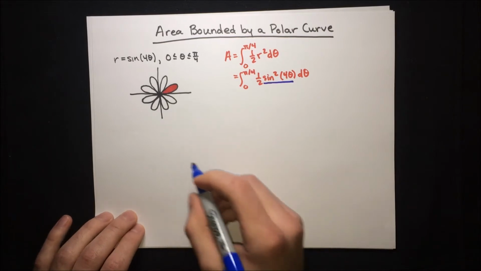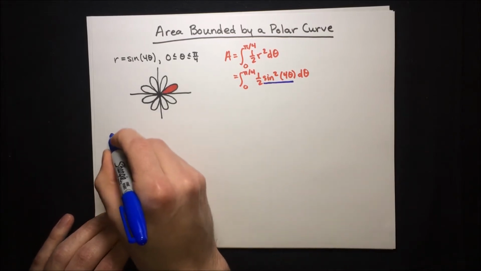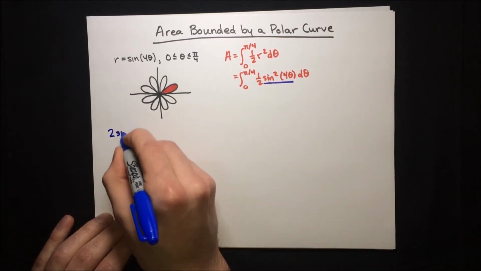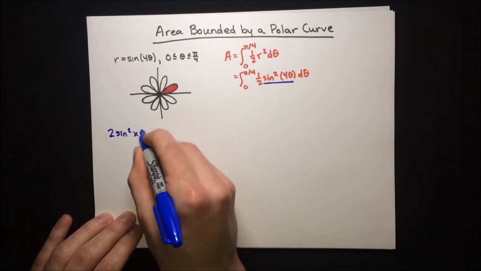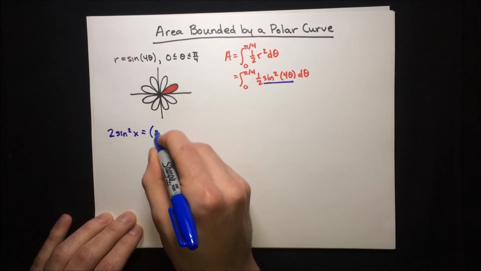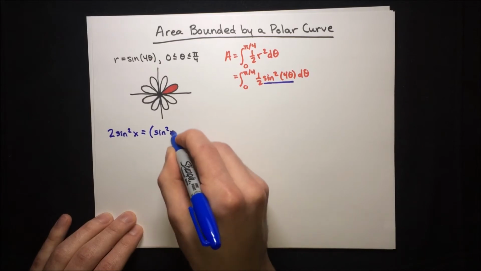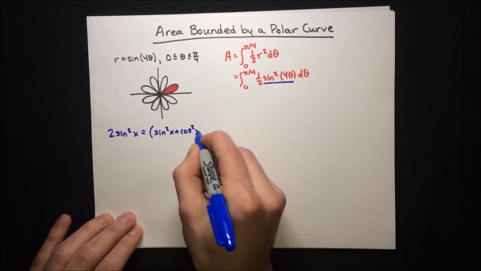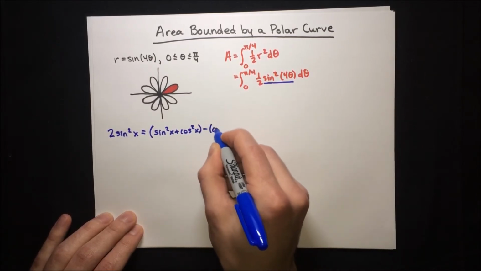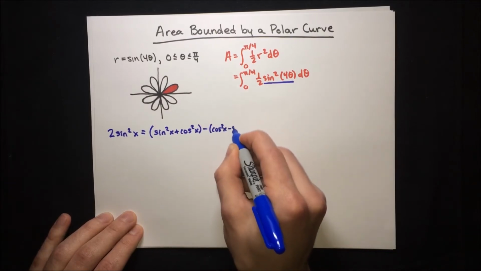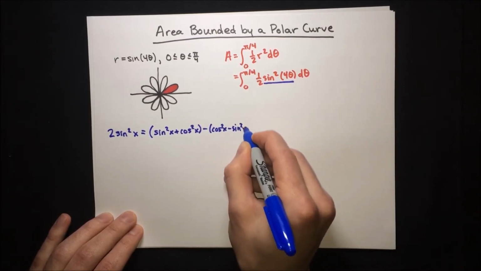And to reduce the power, we're going to note on the side here that 2 sine squared of some number x, we're going to always write that as sine squared x plus cos squared x minus cos squared x minus sine squared x.